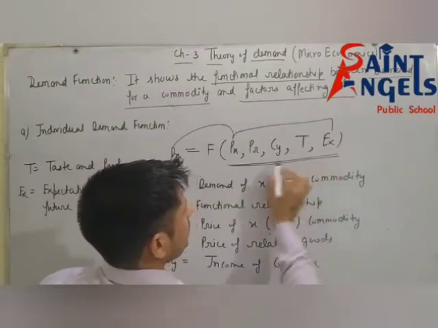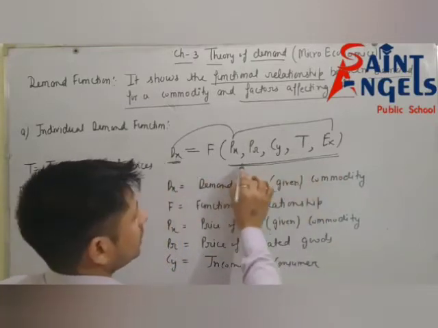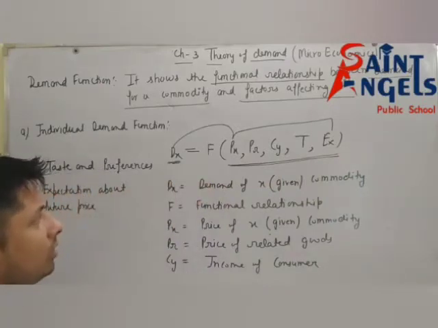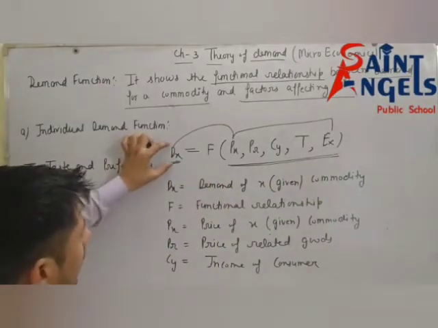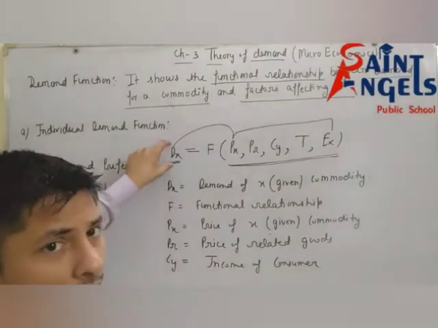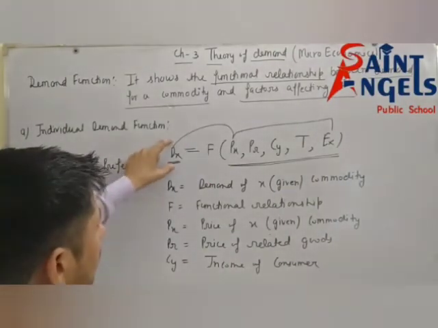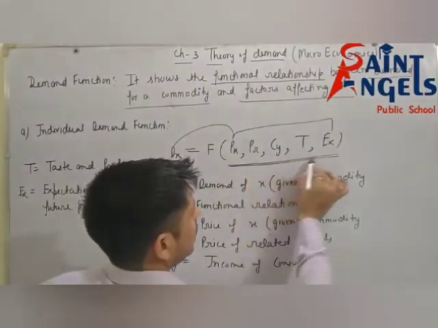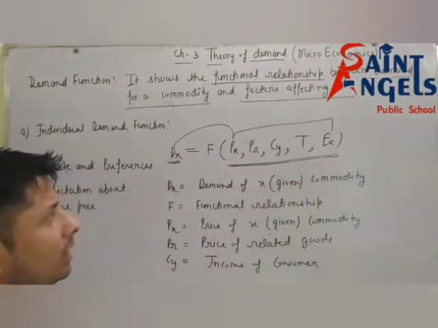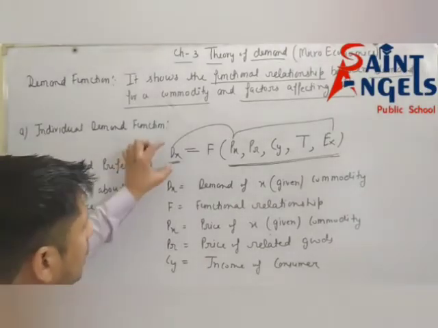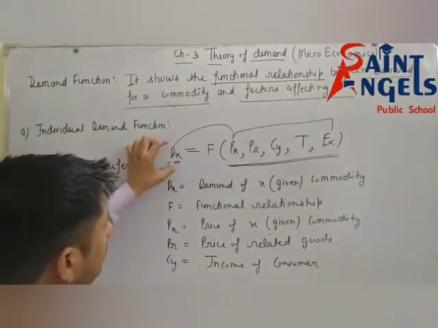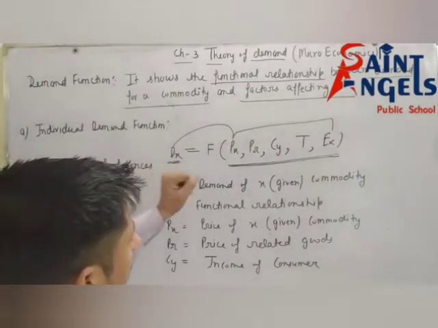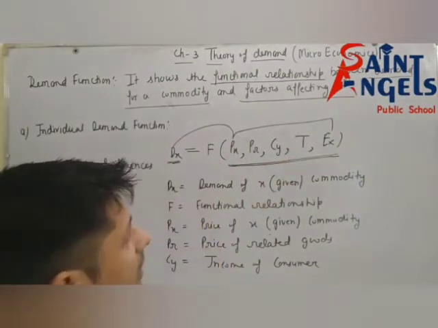These factors can affect demand of X commodity. Means demand of X commodity is a dependent variable, and these factors are independent.